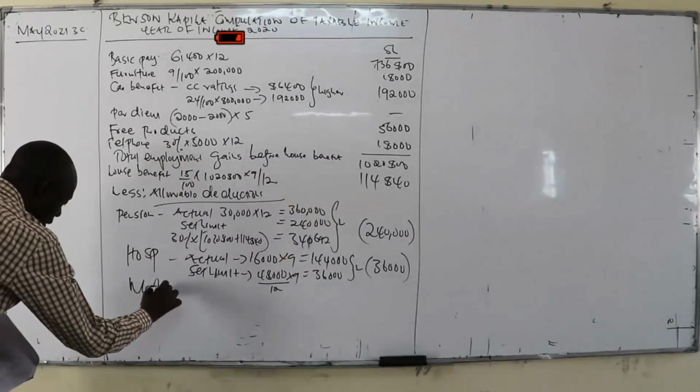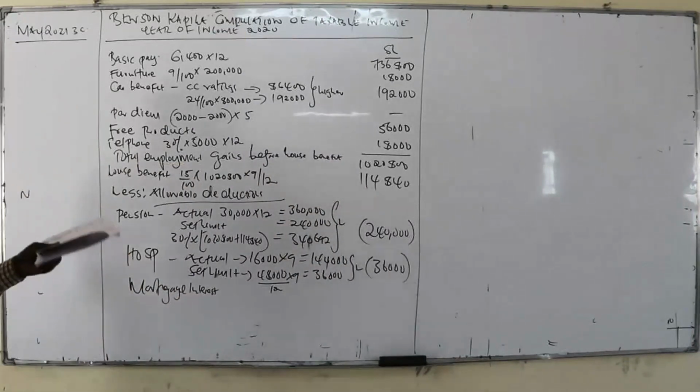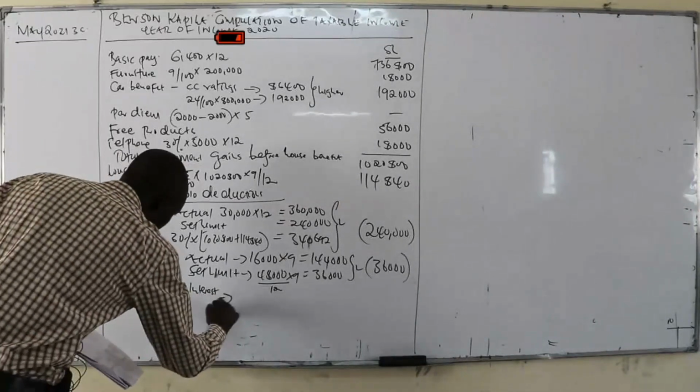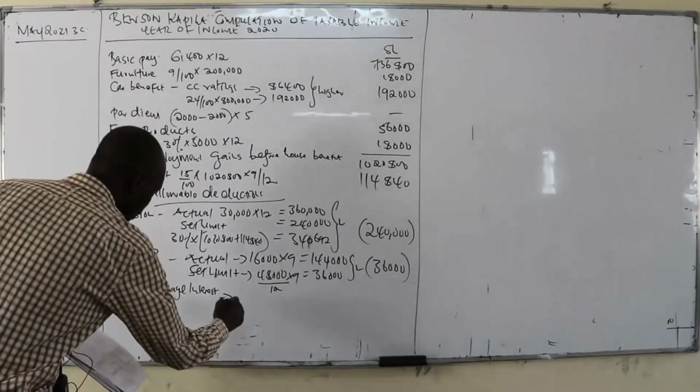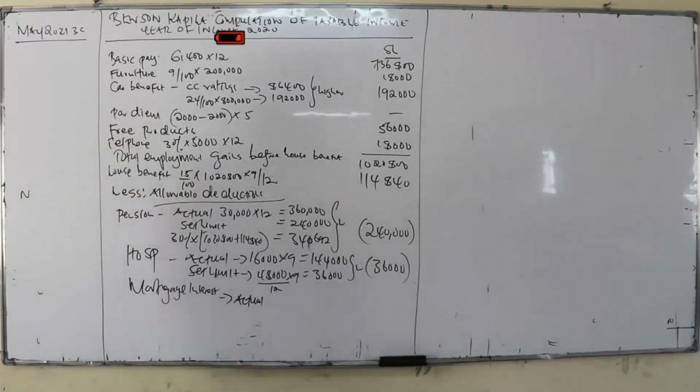And then there is mortgage interest. What is a mortgage? A mortgage is a loan that you take to construct your own residential house. So this loan attracts interest. It's the interest that is allowable. So we come here and say there's the actual interest that he paid. So when was the loan given?